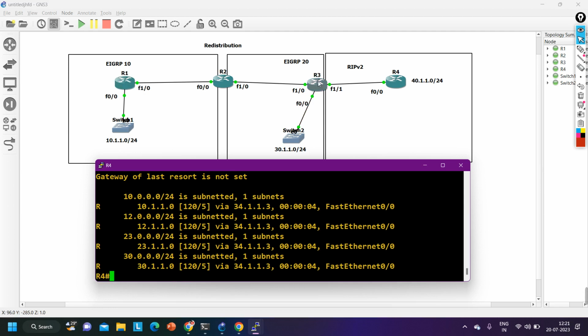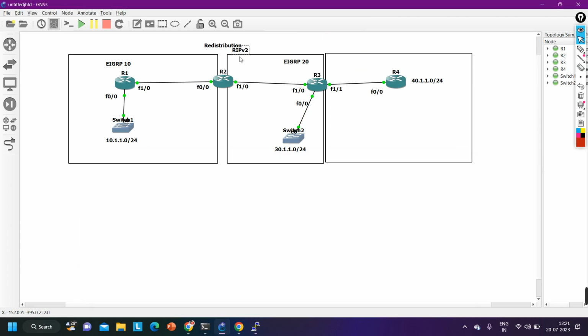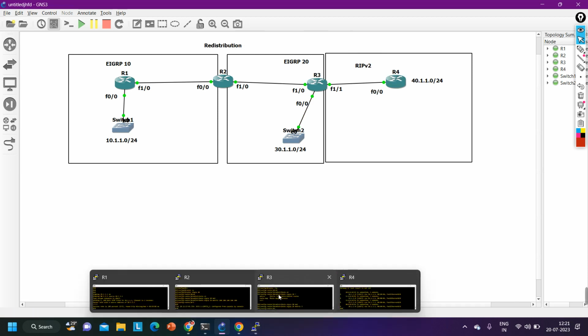Now, will router 1, router 2 or router 3 receive the 40.1.1.0 prefix? No, because we need to redistribute RIP into EIGRP now. Till now we have redistributed EIGRP into RIP. Now I need to redistribute RIP into EIGRP.